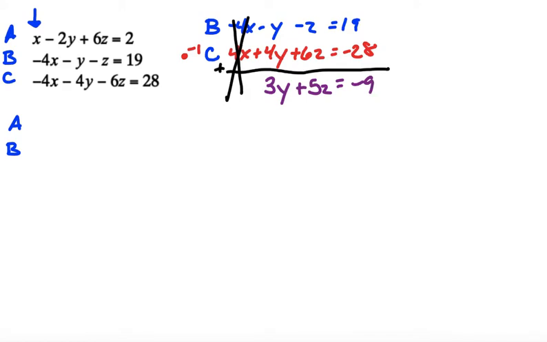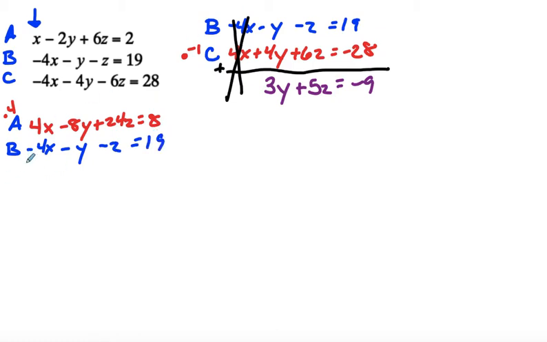Now for my A and B equations, I'm going to multiply my top equation by 4 to make this a positive 4x. So make a note of that for myself. So I have 4x minus 8y plus 24z equals 8. And then my bottom equation is going to be negative 4x, I'm sorry, minus y, minus z equals 19.